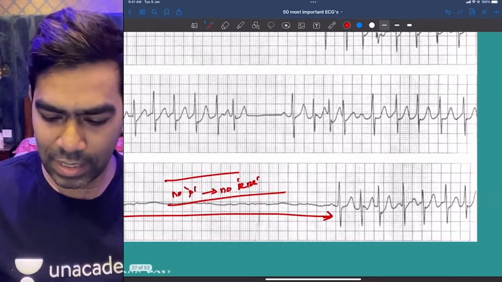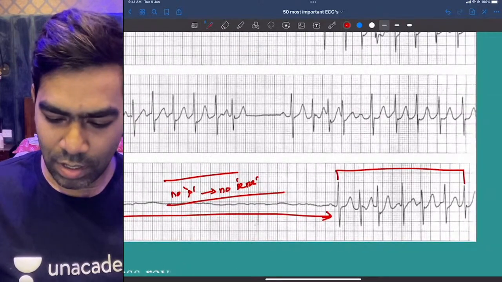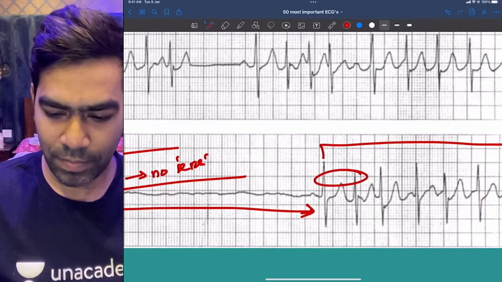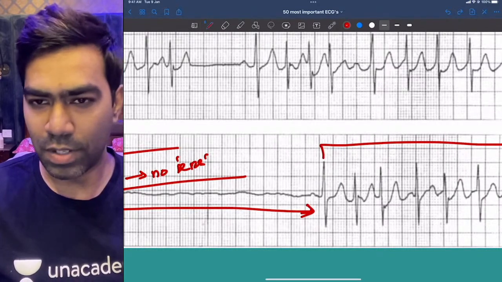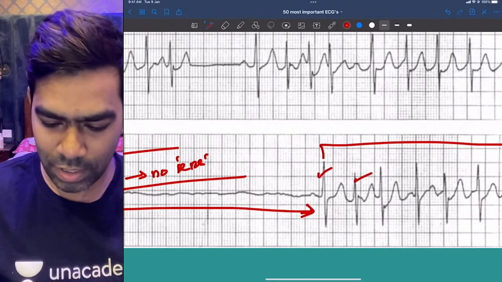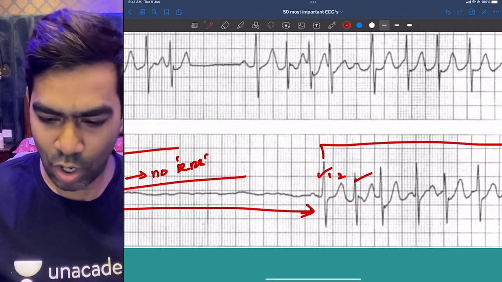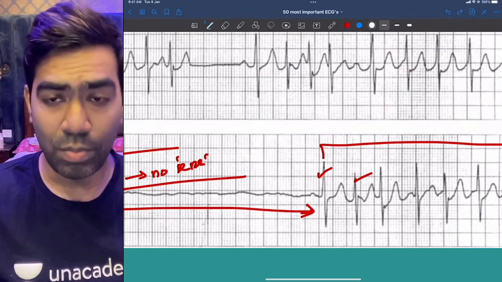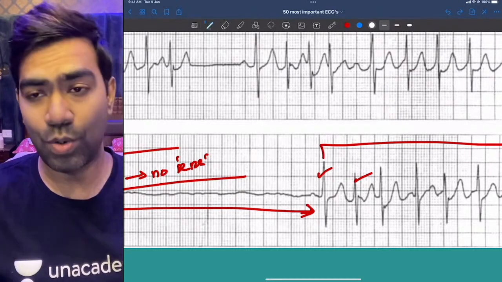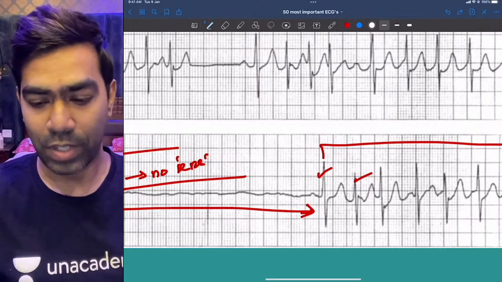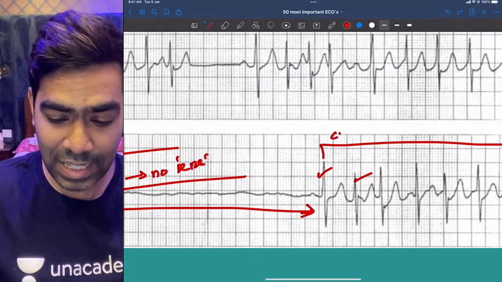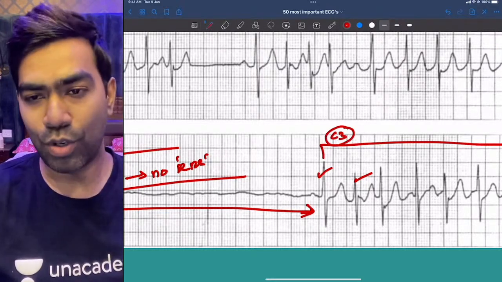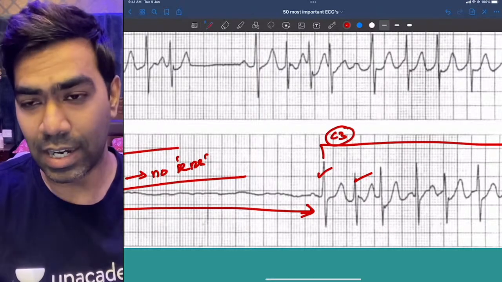But look at these areas here. Here you are having tachycardia or bradycardia. Look at the number of large boxes between these two QRS complexes. It's just 1, 2, and not even 3. So as I told you, more than 5 large boxes between two QRS is bradycardia. But if you have less than 3 large boxes between two QRS complexes, that is tachycardia.